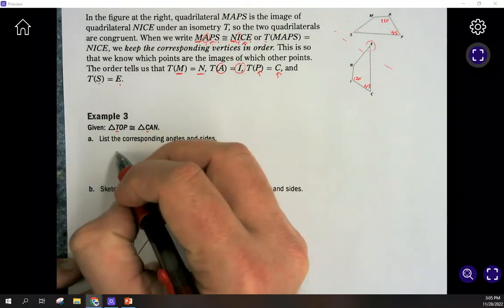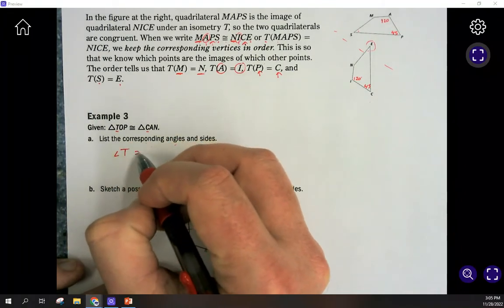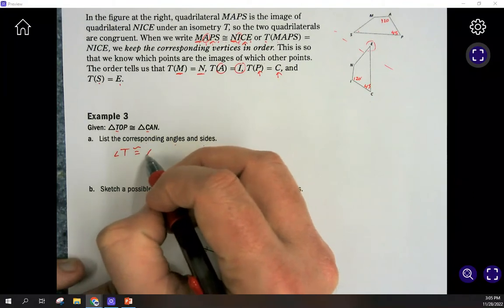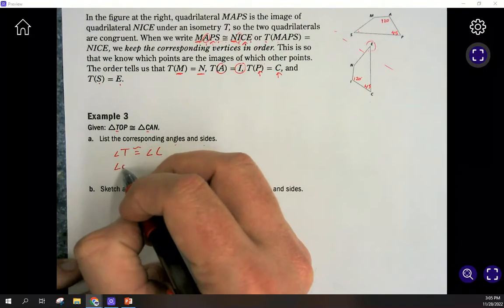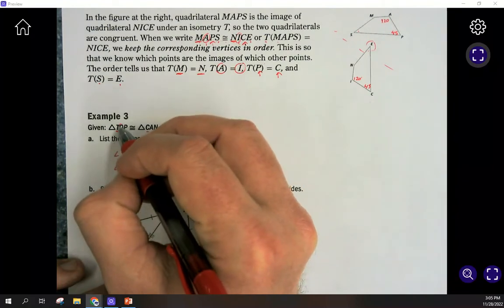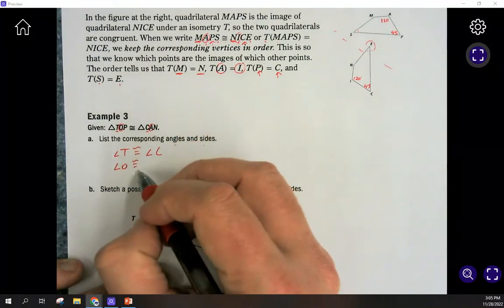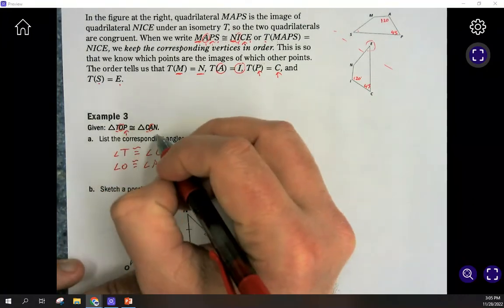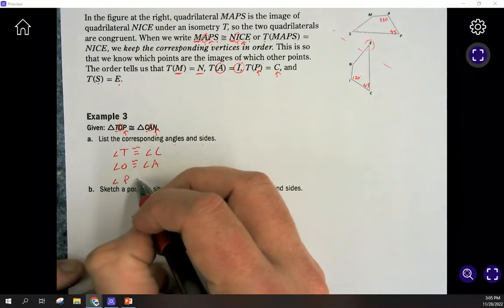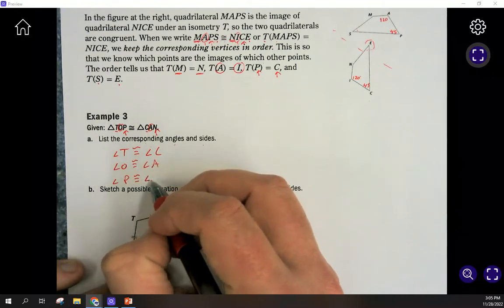So angle T is going to be congruent to angle C because they're in the first position. Angle O in the middle position is going to be congruent to angle A. And then P and N, same thing. Angle P is congruent to angle N.